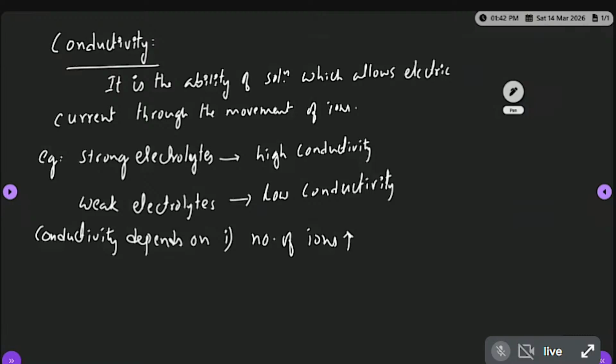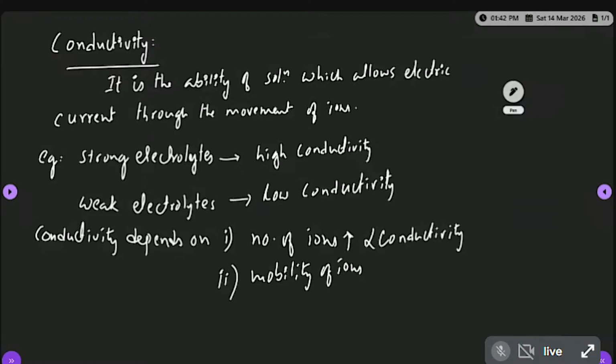What is the relation? It is directly proportional. The number of ions is directly proportional to conductivity. So this is the first factor. If the number of ions increases, conductivity increases. And the second one is mobility of ions, which means the velocity of ions.